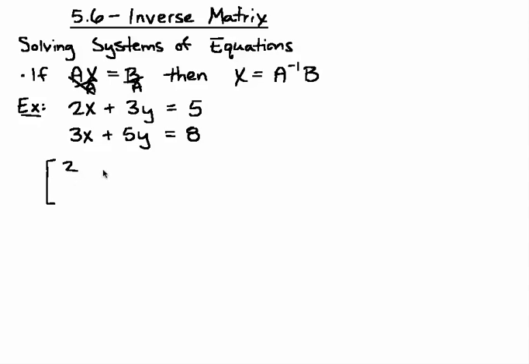A is simply the coefficients of x and y, 2, 3, 3, and 5. My second matrix contains my variables, x and y, and that is going to be equal to the constants that are on the right-hand side.